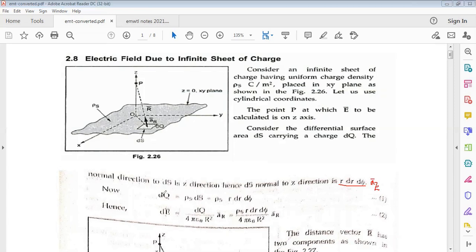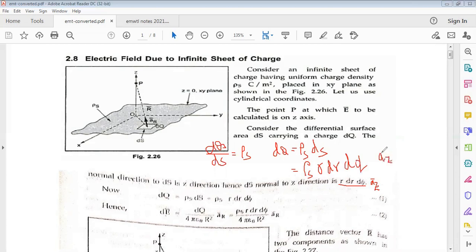The differential charge dq is equal to rho s into ds, because we are considering a differential surface. The ratio between the differential dq by the ds is equal to rho s. The dq is equal to rho s into ds, and that differential surface area normal to the z direction is r dr d phi, a z bar actually.